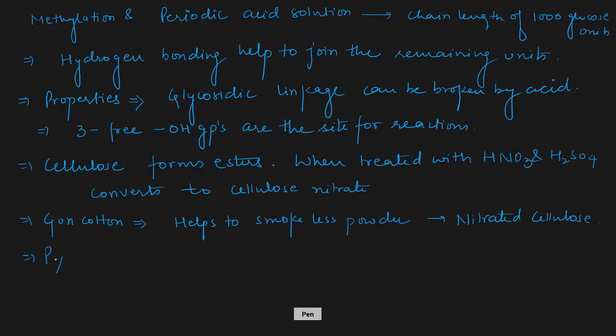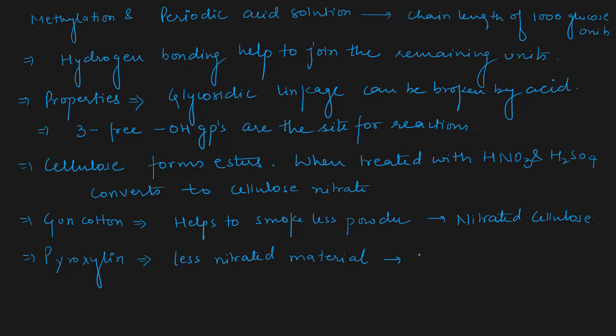Pyroxylin is a less highly nitrated material, having 2 or 3 nitrate groups per glucose unit.